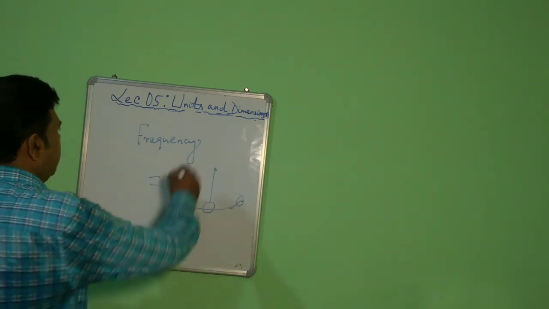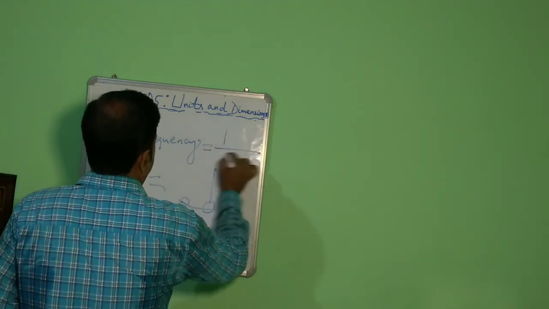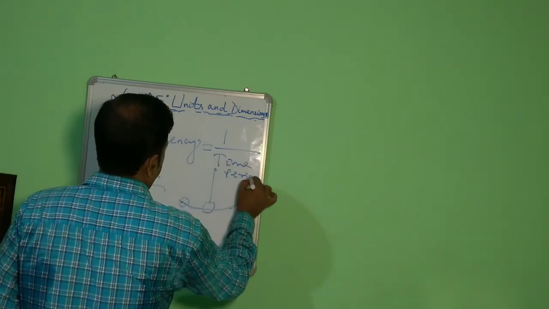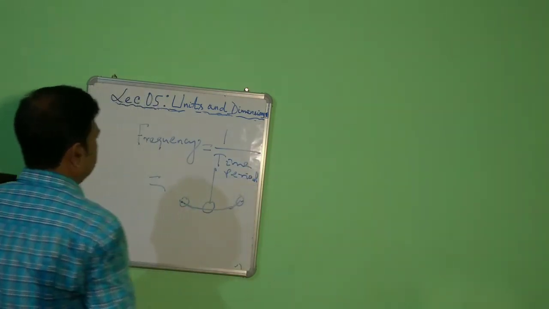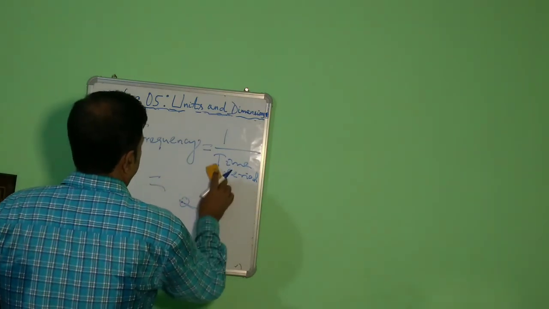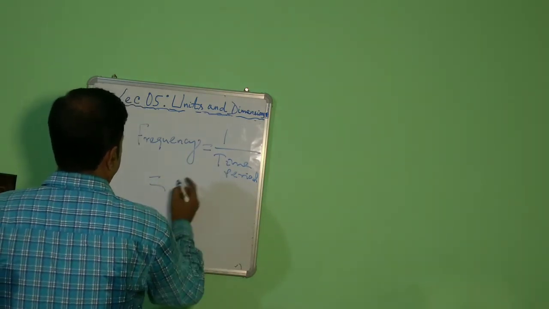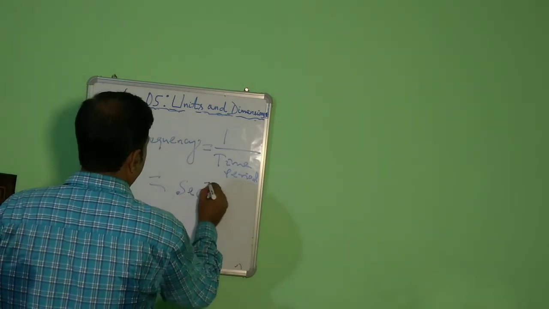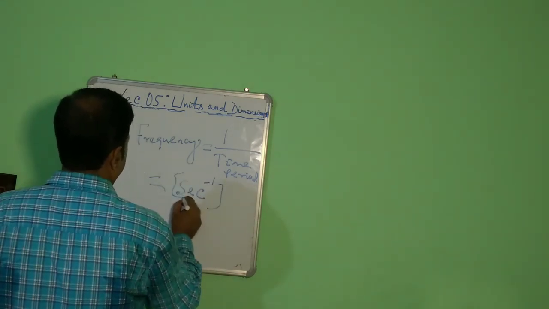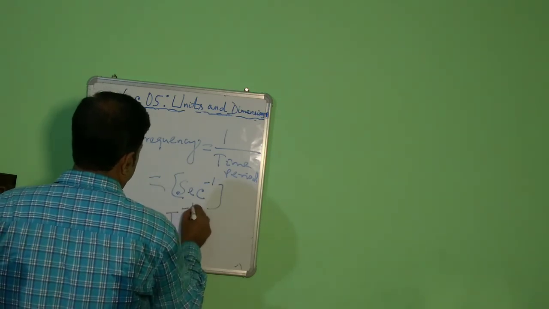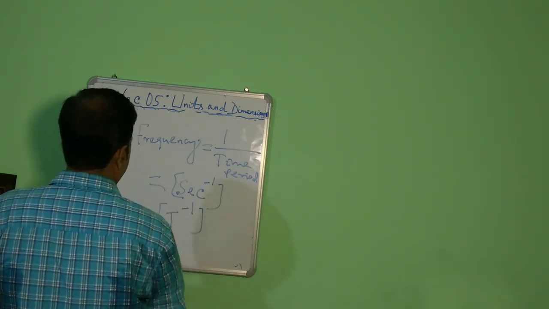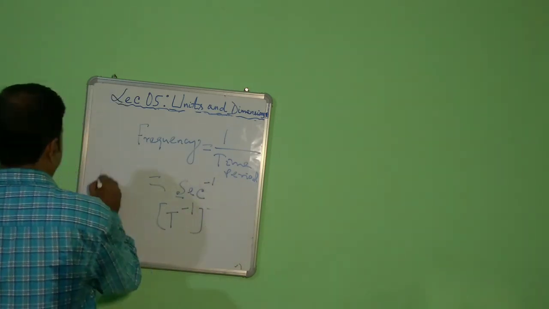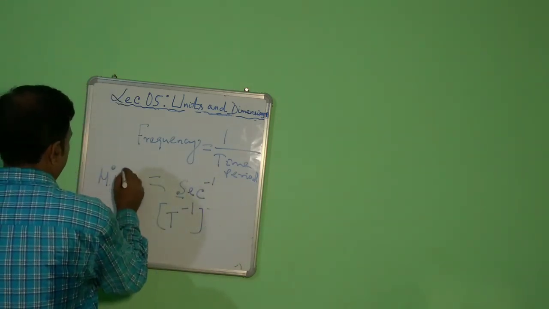So frequency is defined as 1 upon time period. Its unit will be second inverse, and the dimension will be T to the power minus 1, because it is 1 upon time period, or you can say M0 L0 T to the power minus 1.